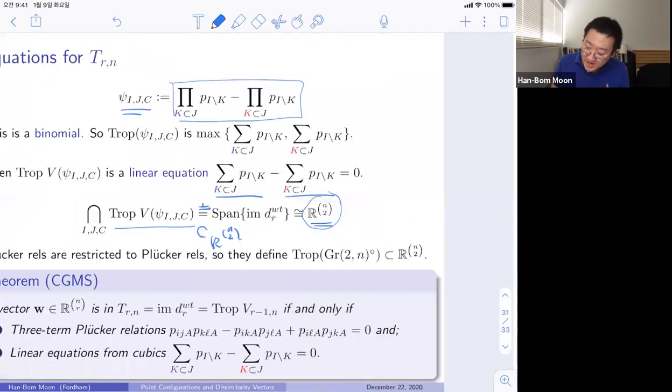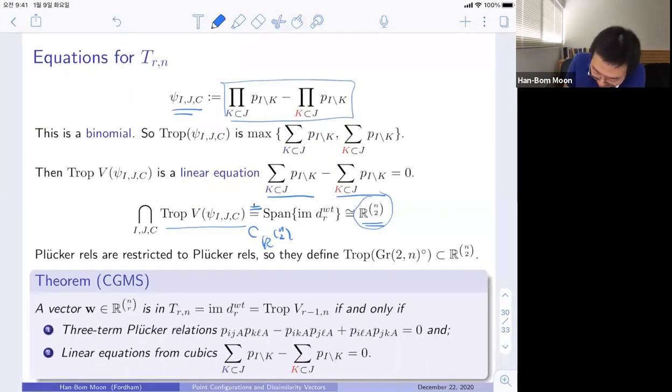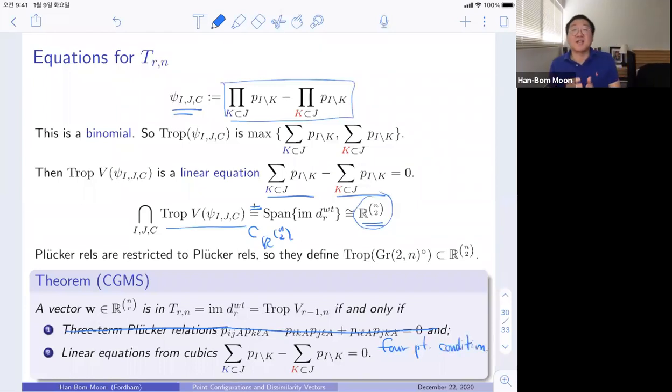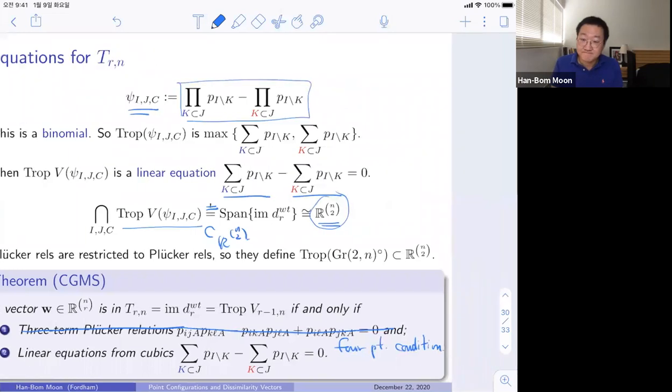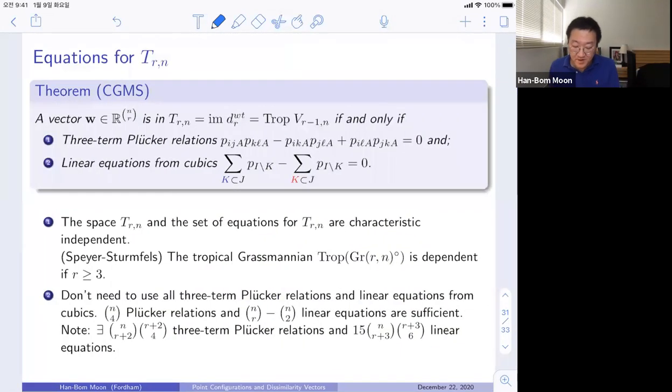I'm sorry, I need to replace the three-term Plücker relations. No, this is wrong, sorry. The tropicalized one, in other words, the 4-point condition. So it satisfies the 4-point condition, which is the tropicalized three-term Plücker relations, and it must satisfy the linear equations from cubics.